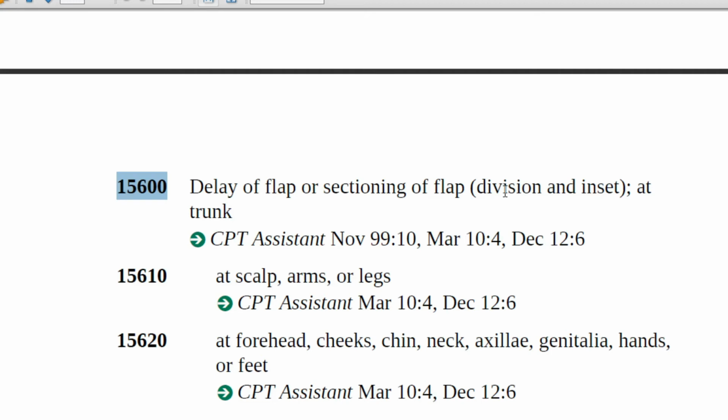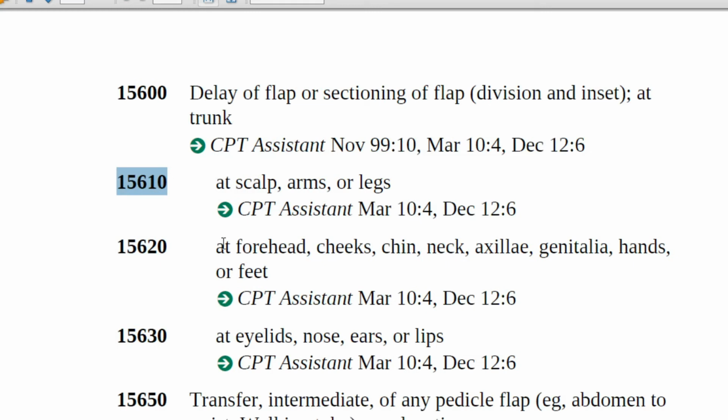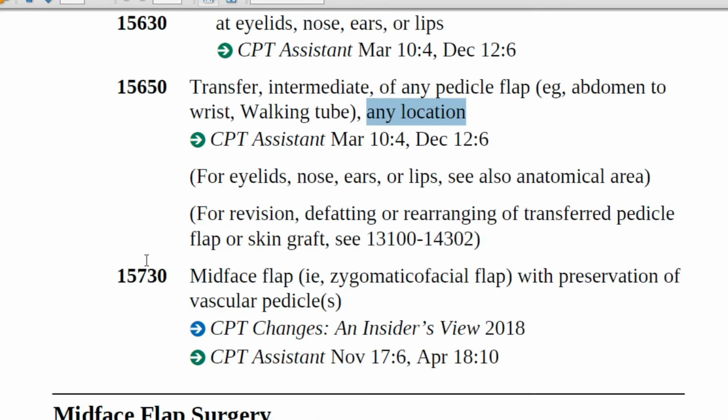If delay of flap was performed at the trunk, then you can assign the code 15600, and based on anatomical sites you can assign the codes 15610, 15620, 15630. The next code is 15730. The description of this code is mid-face flap, that is zygomaticofacial flap with preservation of vascular pedicles.